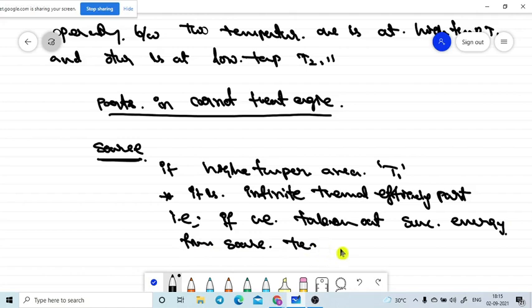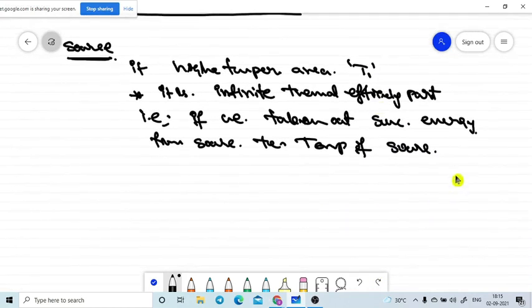The temperature of the source should not decrease. That is very important, because the source's thermal capacity is infinite. To decrease the temperature of the source, we would need to draw an infinite amount of heat energy.